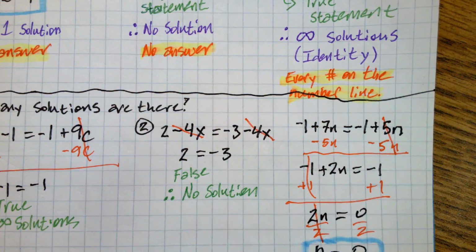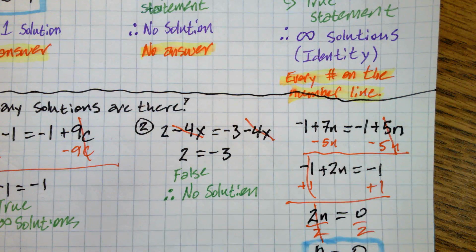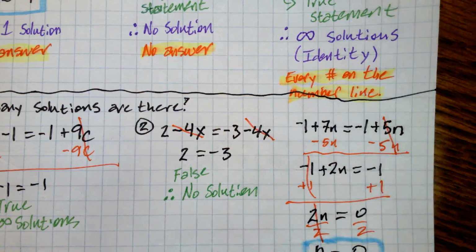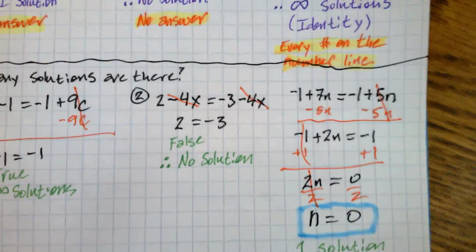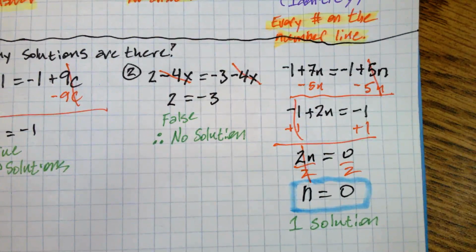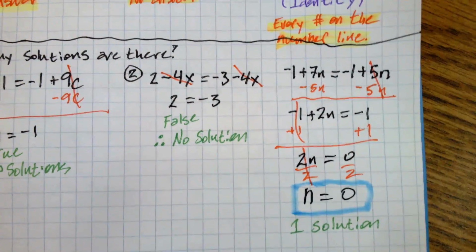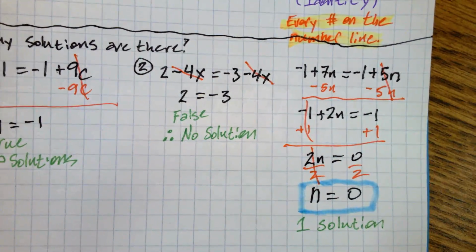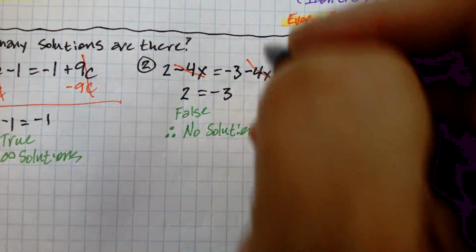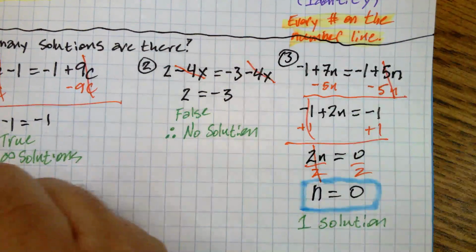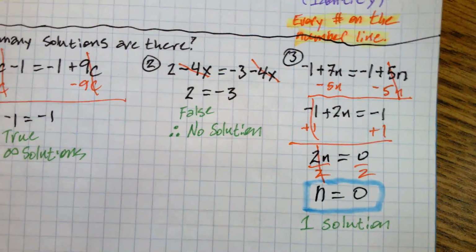Okay? All right, Jasmine, I want you to try this one. Close the Chromebook. This will be the last one. Make sure you put down that even if you get 0, that's a solution. Okay? And I'm going to write down this equation. This was number 3. This will be the last one, number 4.